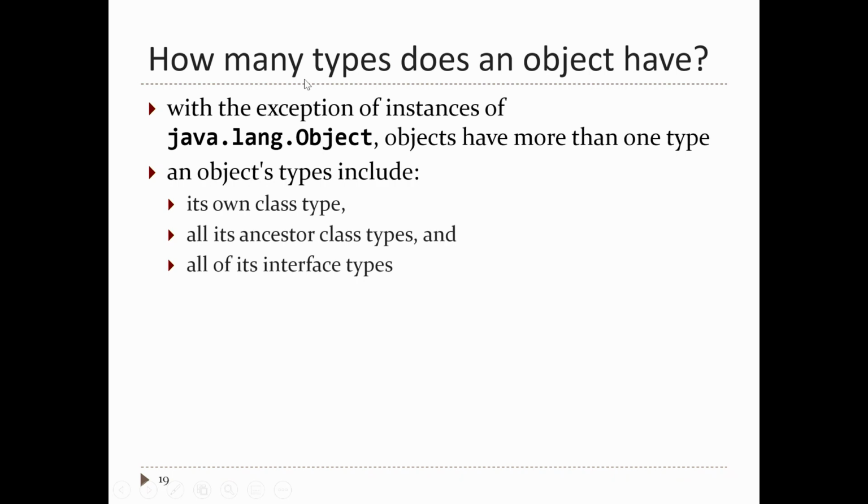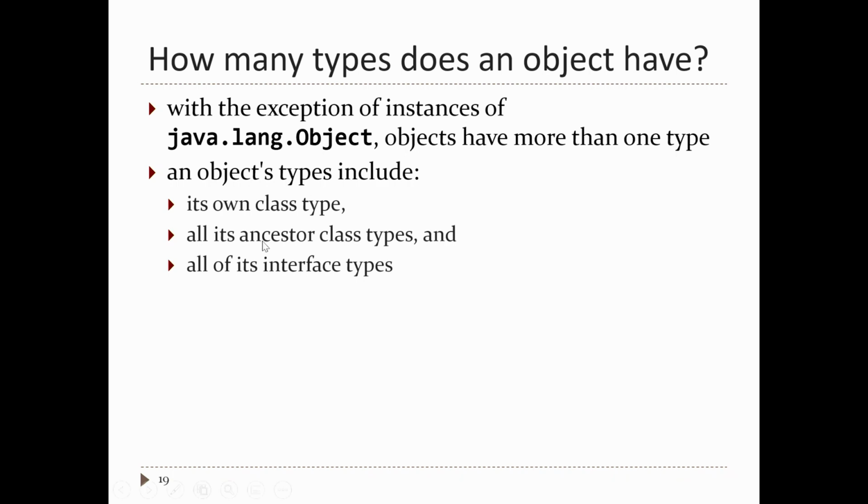And so this leads to the question of how many types does an object actually have? With the exception of java.lang.Object, all objects in Java have more than one type. So what are the types of an object? Well, it includes the object's own class type. So for a StoppingCounter, one of its types is StoppingCounter.